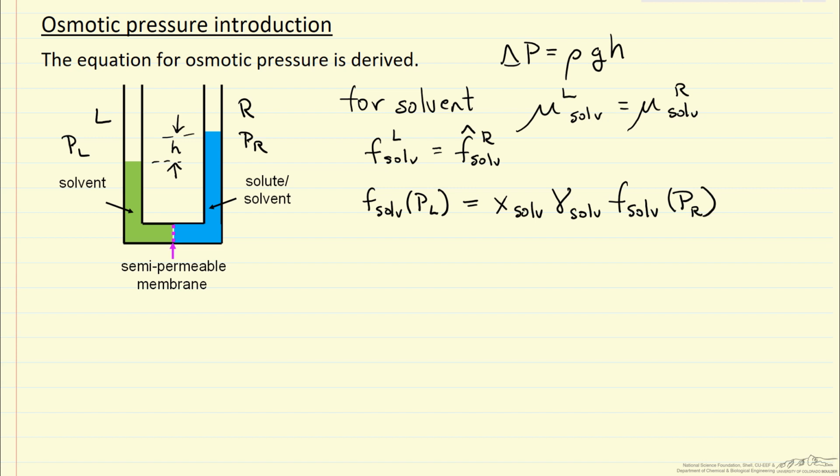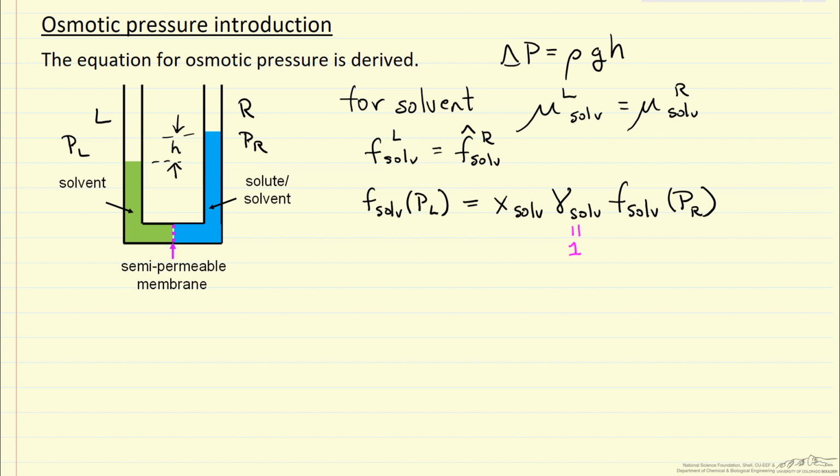Now we start simplifying this, and first we set this equal to 1. Because the mole fraction of the solvent is going to be 0.9697, very close to 1, which means this is almost all solvent, and so the activity coefficient, of course, as x goes to 1, has to be equal to 1. And so it's a reasonably good approximation that that's 1.